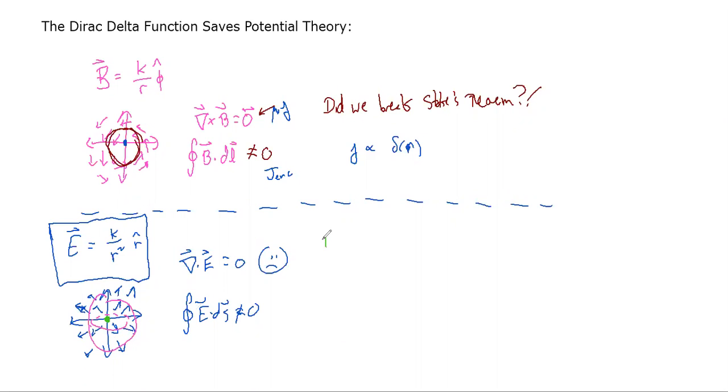So we didn't break the divergence theorem. We just forgot to include the infinitesimally small, in this case, charge and current located at the center. Now that we have the Dirac delta function, this is how we would write that correctly. So this is really what's going on.